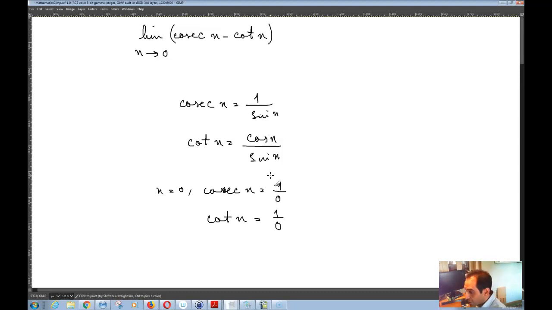But I'm not sure if that's the right way to solve this problem. So now to solve this problem, let's take a look at the solution.